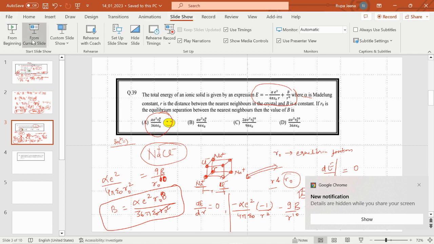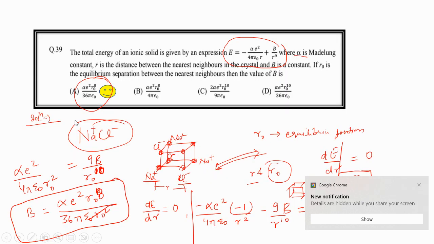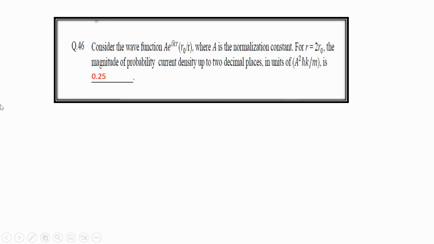Let me go to the next question. In this question, consider a wave function A e raised to the power i k r naught by r, where A is the normalization constant.